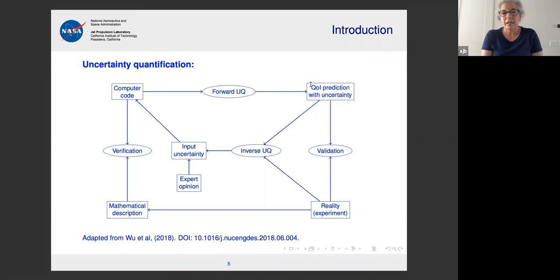So there's this idea of something called inverse UQ, where you sort of work with what you know from reality, from your experiments on the ground, and the output of your computer code to try to understand what the input distribution ought to look like. And often this is an iterative procedure where you kind of bop back and forth between your forward UQ and your inverse UQ and trying to hone in on the answer to both of those things. So I bring this up because you might be wondering, what in this context is the computer code that we would be evaluating?